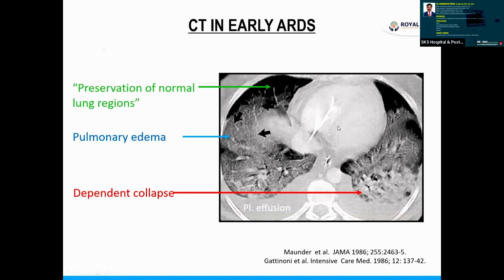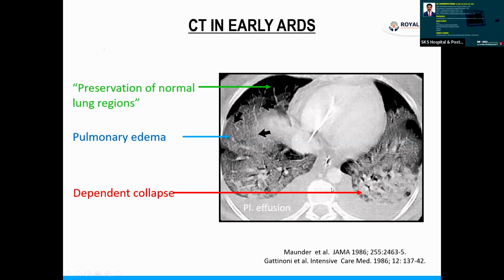So when they started studying these ARDS patients earlier in the 1970s and 80s, the predominant studies were done by Gattinoni et al. And what they found out was this is not a homogeneous disease. It does not affect all parts of the lungs uniformly.